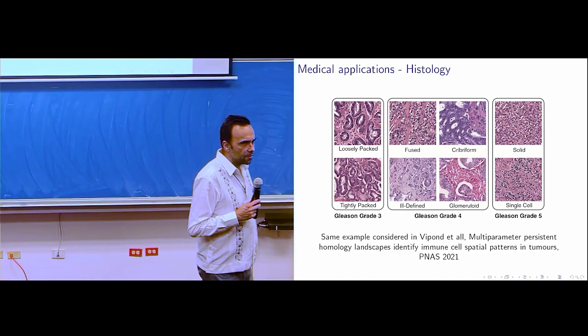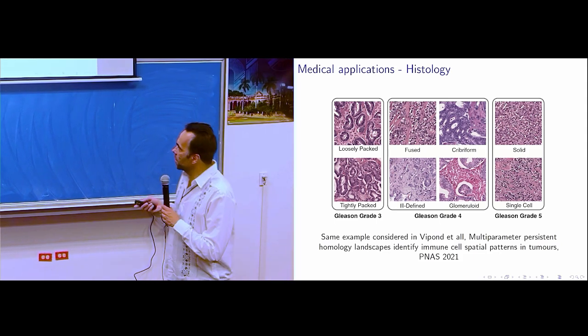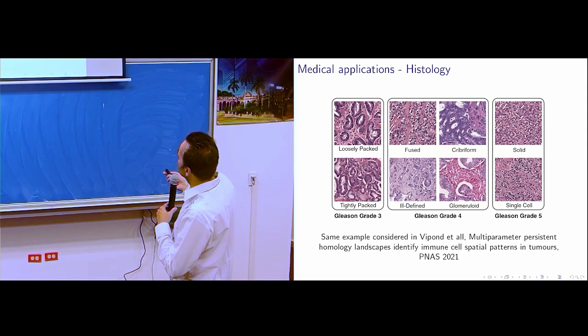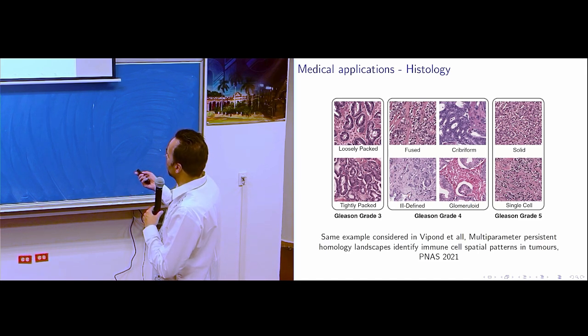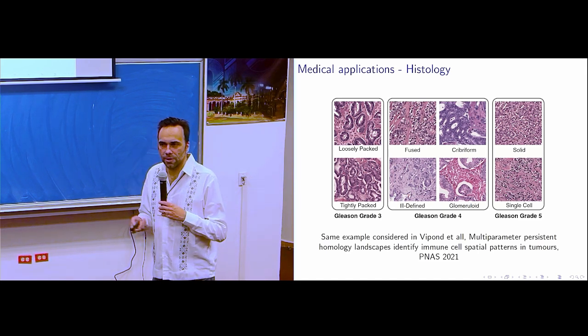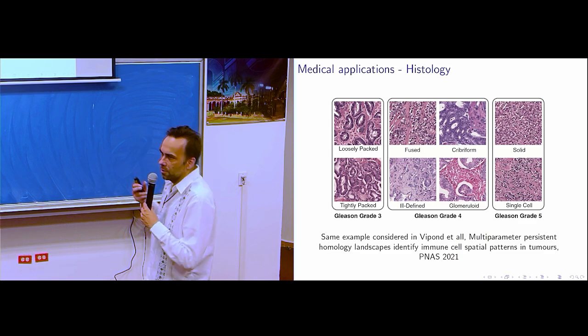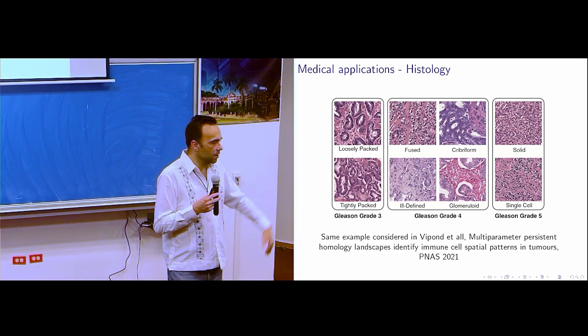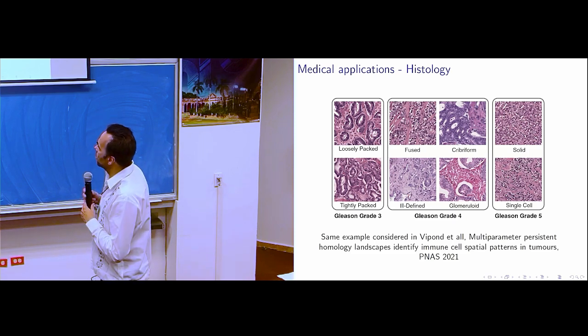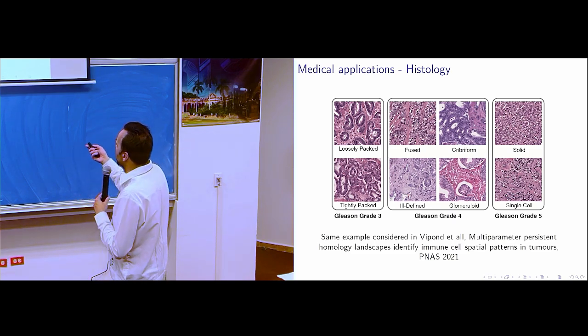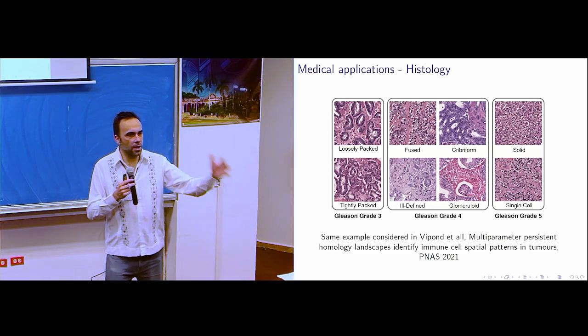And we have a regression problem. We are trying to assign this Gleason scale, which characterizes how aggressive the tumor is. The higher the Gleason scale, the more aggressive the tumor, and the worse for the patient. And the histologists were looking at the microscope and just assigning it.